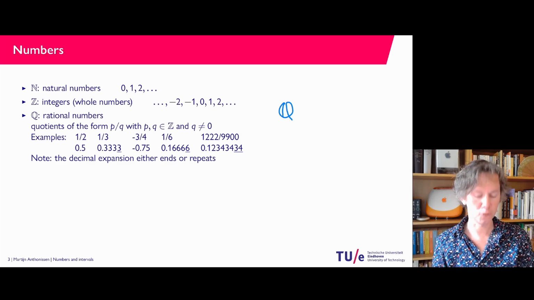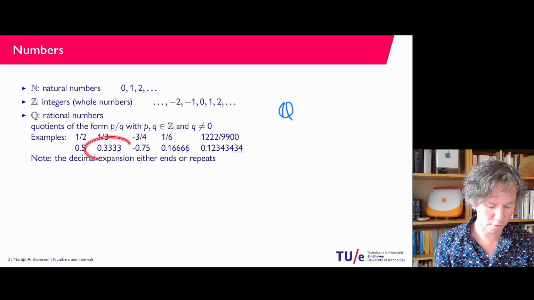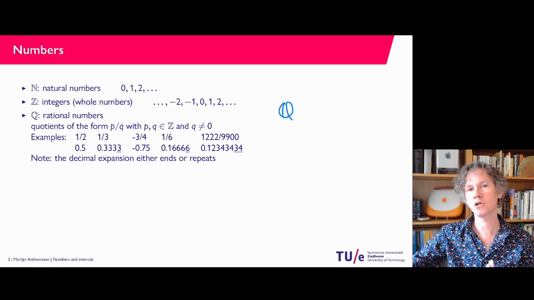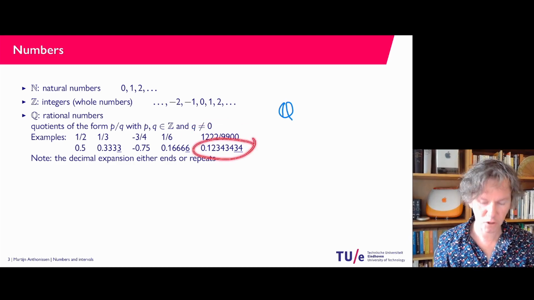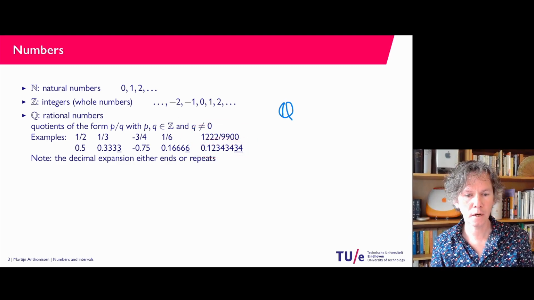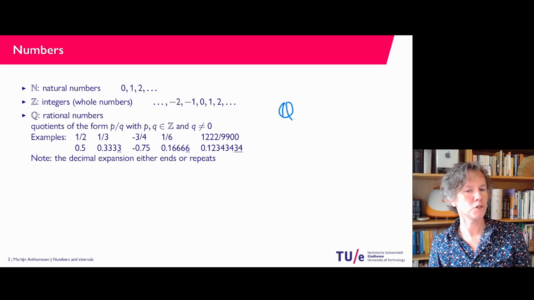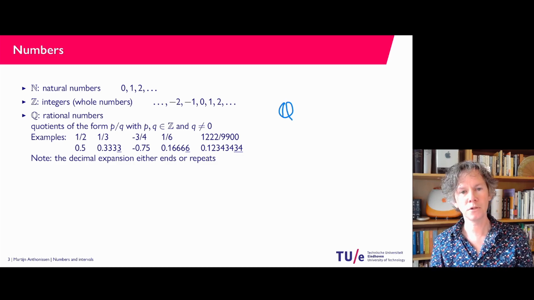Or they repeat themselves. Like 1 over 3, we have 0.3 and then the 3's keep on repeating. And the strange number that I constructed here, if you would look at it, you would have this expansion here. So the decimal expansion either ends or repeats for these quotients, these rational numbers.